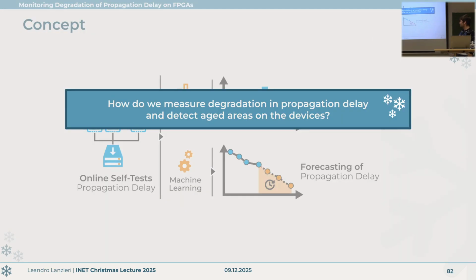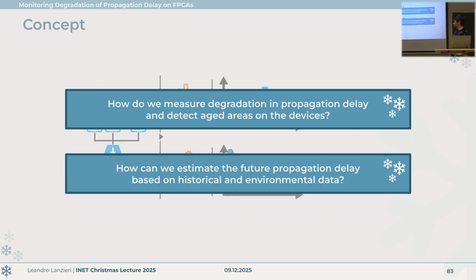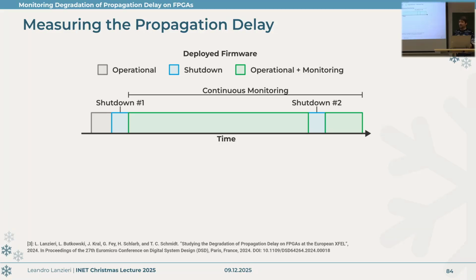So, how do we actually measure the degradation and detect the areas that are more aged on the devices, and how do we forecast this degradation based on historical data? First, I'm going to present how we measure this. In the facility, we have shutdown periods which are 6 months apart, and then we have the continuous operation.